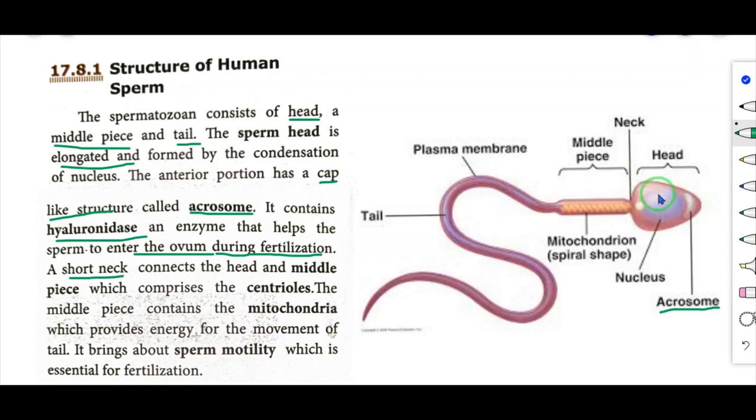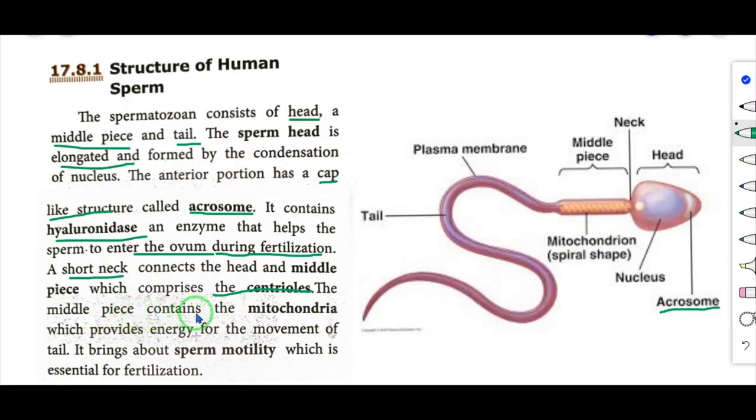The neck comprises the centrioles. Two centrioles are present in this region, the distal centriole and the proximal centriole.